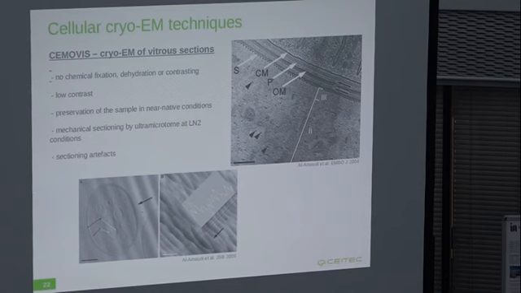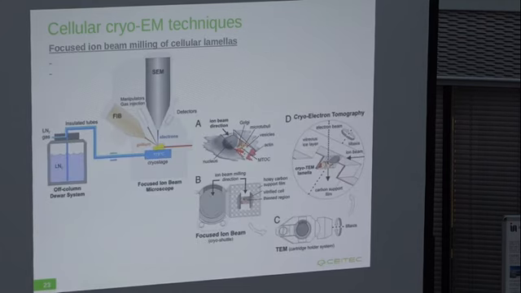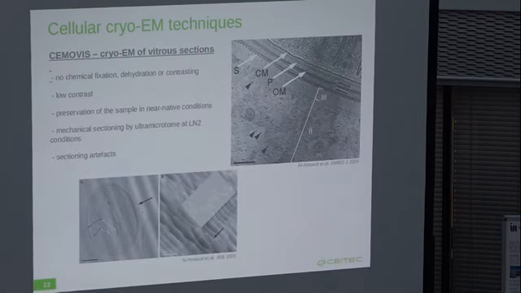If you manage to prepare these thin sections, then the sample contains an even higher level of detail, because the contrast is now primarily from the protein composition of your specimen, not from the contrasting agents that you used during the sample prep.